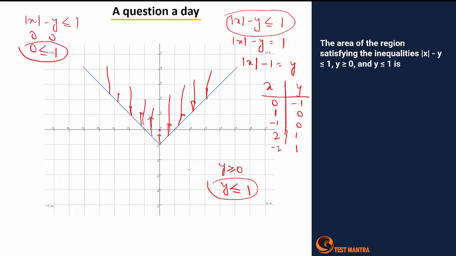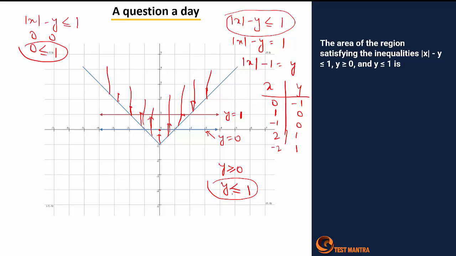If we take these two graphs, let's also take the value of y equal to 1. If we take y equal to 1, I have another graph available here. So this is y equal to 1, and I'll take y equal to 0. This line represents y equal to 0.